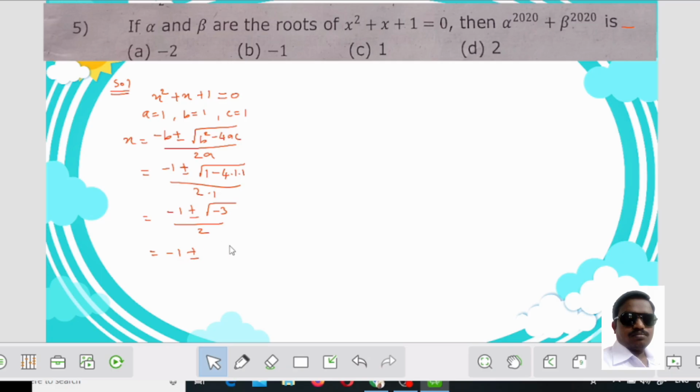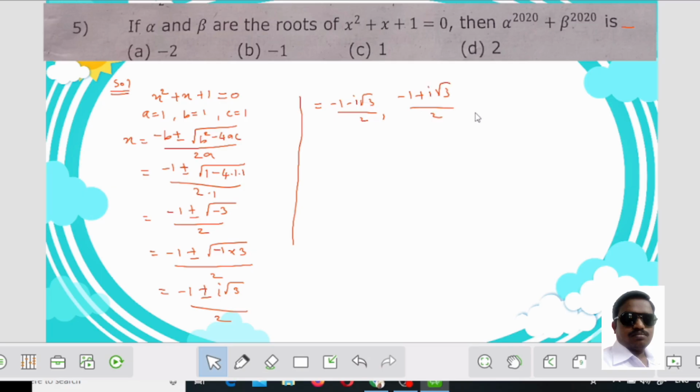You may write minus 3 as minus 1 into 3, so minus 1 plus or minus root of minus 1 is i, and the remaining value root 3 by 2. See the values, the first value is minus 1 minus i root 3 by 2, the second value is minus 1 plus i root 3 by 2.